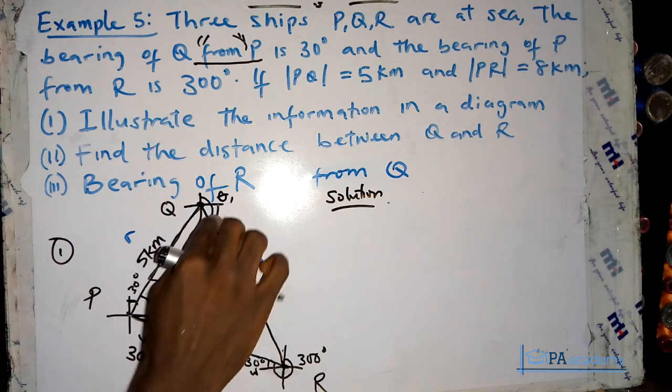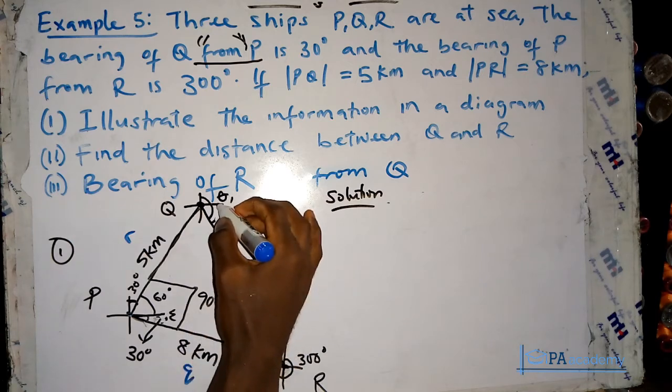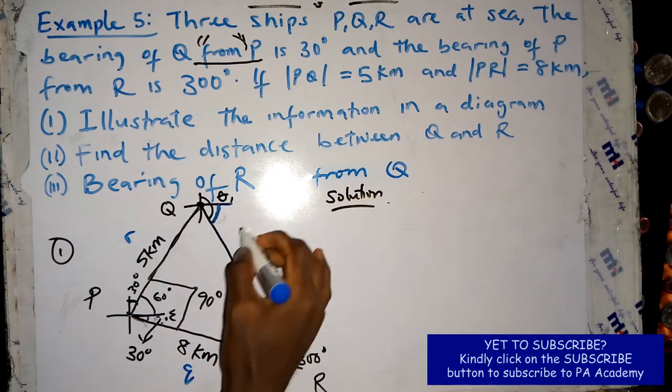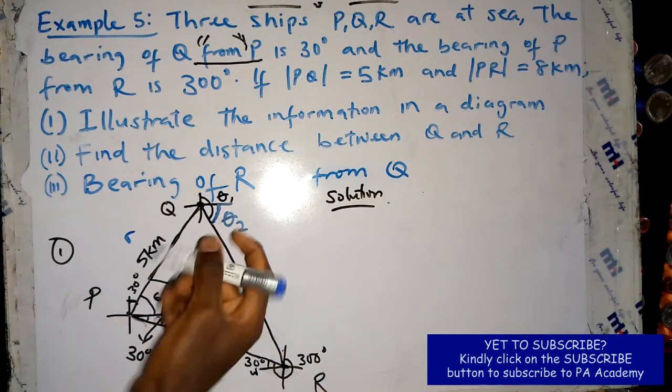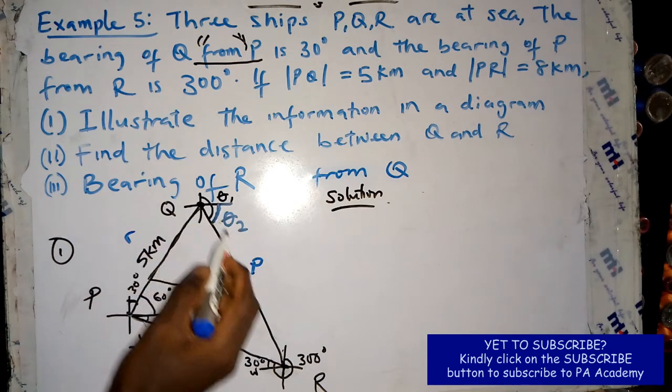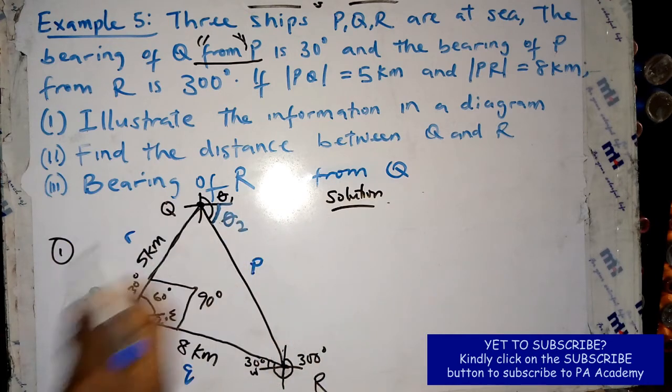Let me use the blue marker to represent it. Since we already know the first quadrant is 90, what we just need is to get the angle here. So let's call this theta 2. By the time we have 90, which is this first quadrant, plus this angle here, that will give us the bearing of R from Q.